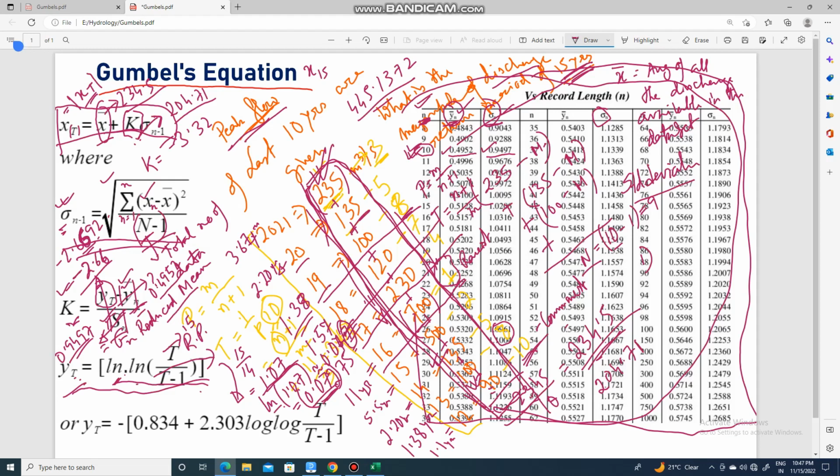In some problems the reduced mean and reduced standard deviation are given in separate tables, and in some problems both are clubbed in the same table, just like ours.